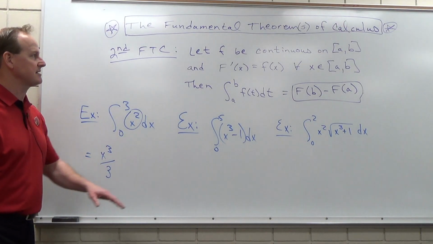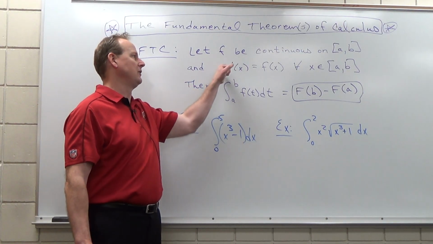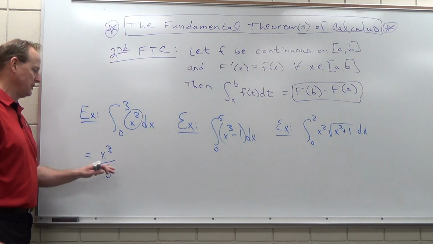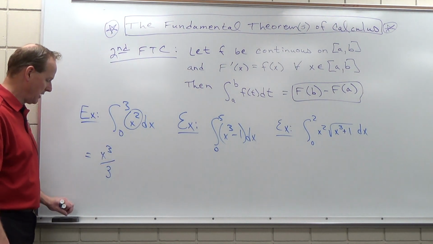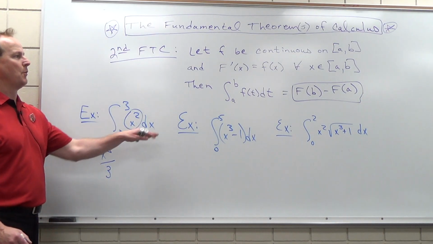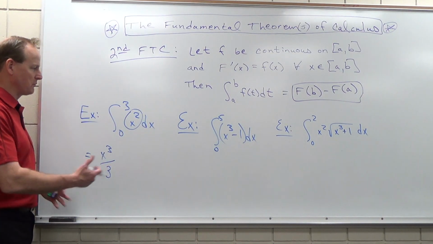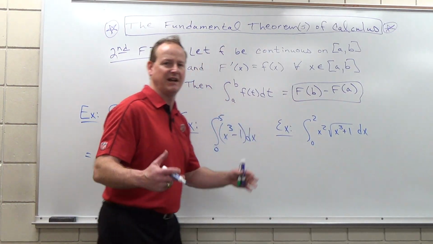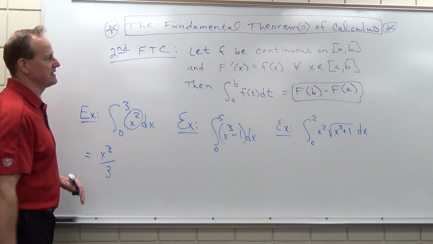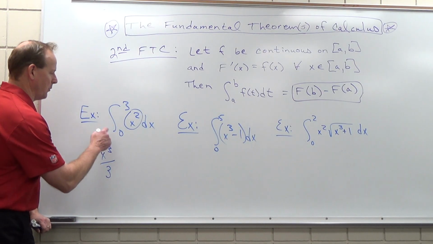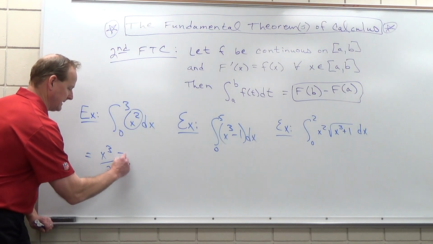However, in this case, all we care is that capital F is an antiderivative, so the easiest one to do would be where that constant is 0, and ultimately it doesn't matter if I put plus 5 in there. When I evaluate that, the plus 5s would end up going away because you'd have a plus 5 here and subtract a plus 5 there. So no matter what your constant is, it's going to go away anyway, so we'll just ignore the constant when it's a definite integral from a to b.